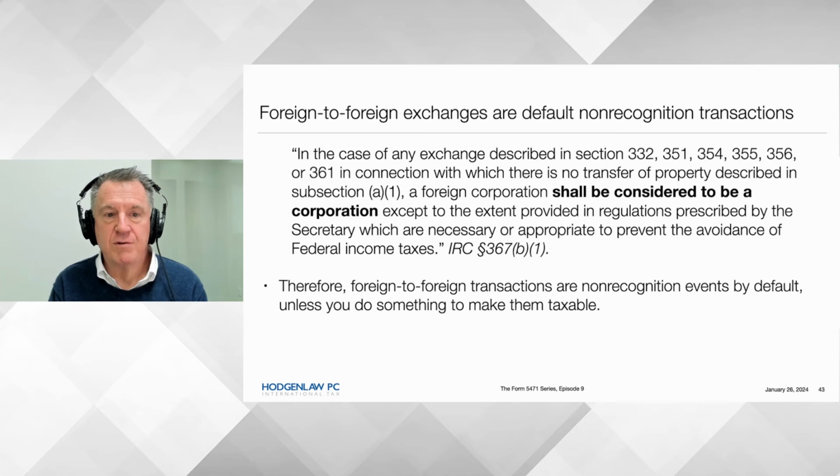Whereas here, 367B says if you have one of those same kinds of transactions, it's going to be considered a corporation. So it's like the upside-down part of it, except we're going to stop you if you try to abuse it. So foreign to foreign transactions are going to be non-recognition events by default.